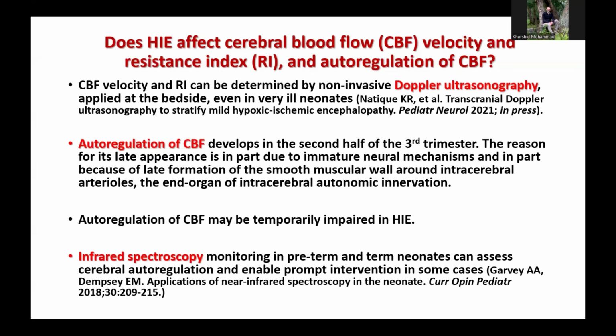And so if the muscle isn't mature yet or isn't formed yet in those arterioles, then even if the nervous system is mature enough, the stimulation isn't translated into any change in blood vessel diameter because the end organ can't respond. And in a full-term infant, autoregulation of blood flow may be temporarily impaired.